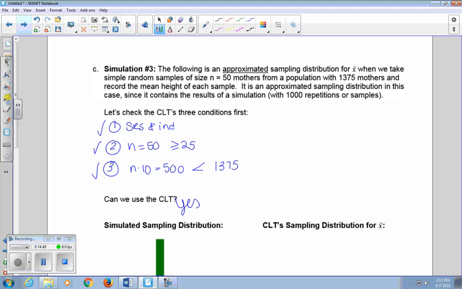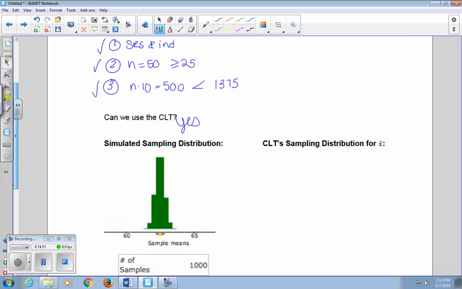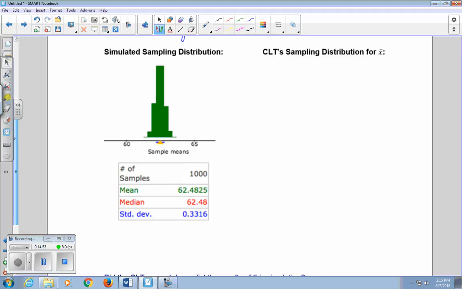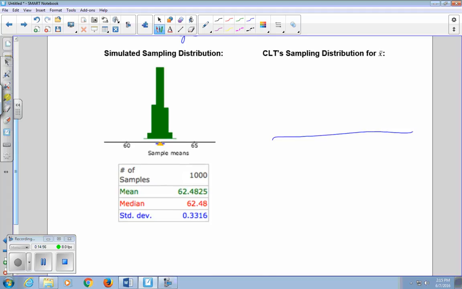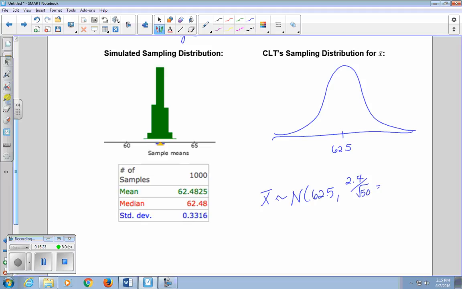We can use the central limit theorem, and the central limit theorem tells us that we expect to see an approximately normal distribution centered at mean 62.5. So our X bars are going to be approximately normal, 62.5, with a standard deviation of 2.4 divided by the square root of 50, which is equal to 0.34.